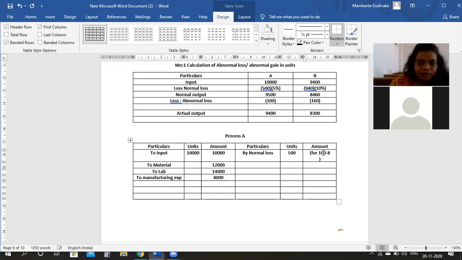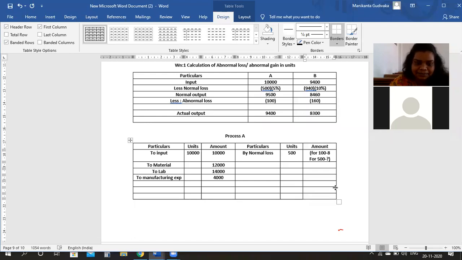So for 500, how much? Please do the calculation. 500 into 8 divided by 100. How much are you getting, ma? We'll get 40. 40 rupees? Yes, that's why I have directly taken 8 into 5.